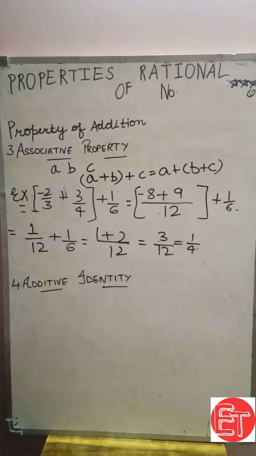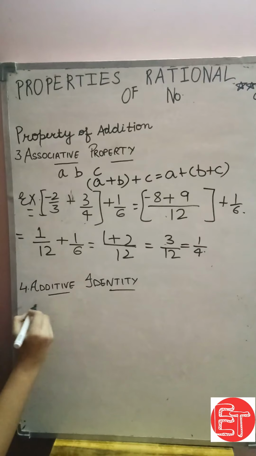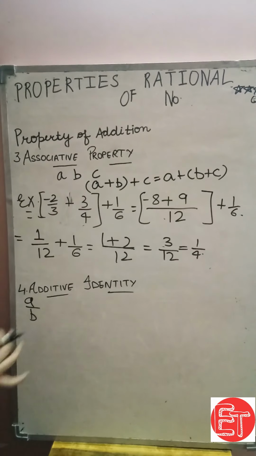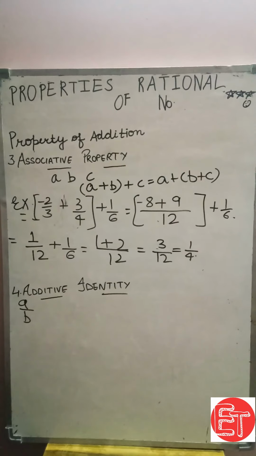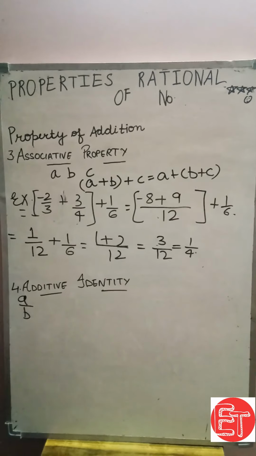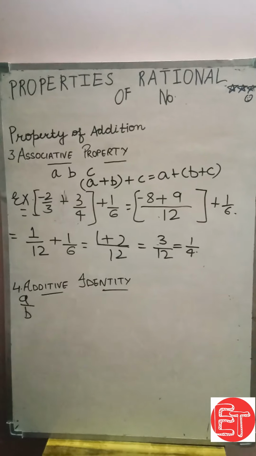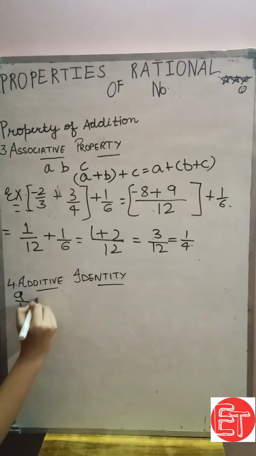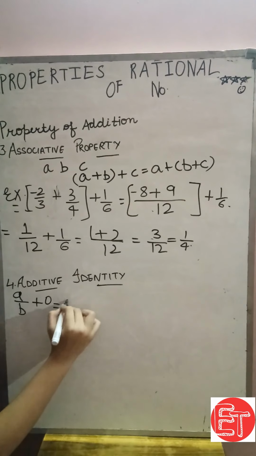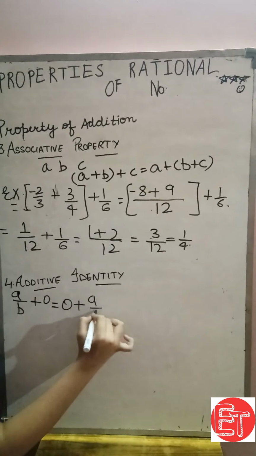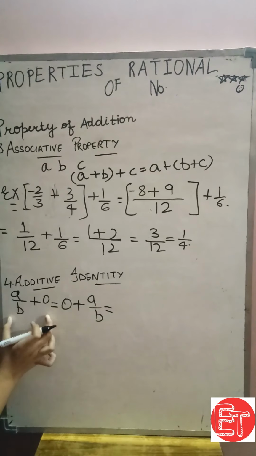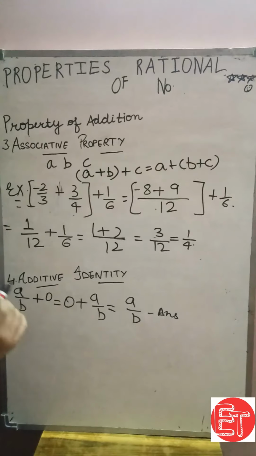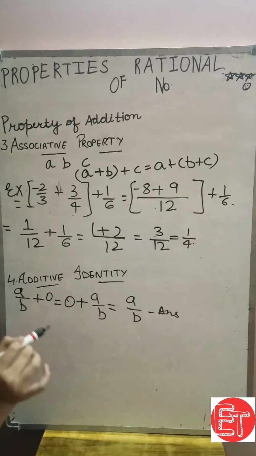Means in general for any rational number a upon b, if we add or minus 0, then we always get that number only. So this property says a upon b plus 0 or 0 plus a upon b, both. In both conditions, every time the answer will be a upon b. I hope that you all would have understood this property.